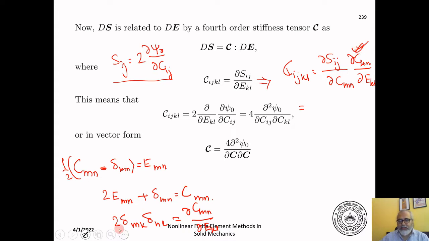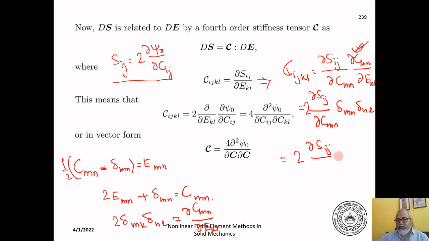So this would become del Sij del Cmn delta mk delta nl, and 2 here, which would lead to 2 del Sij del Ckl, since m and n get knocked off in delta mknl.